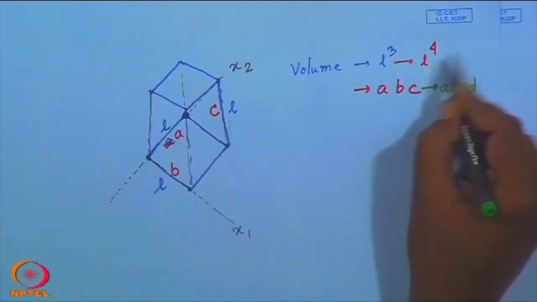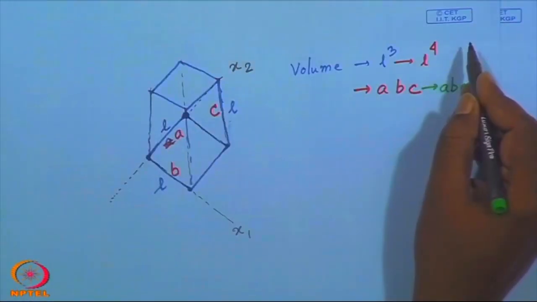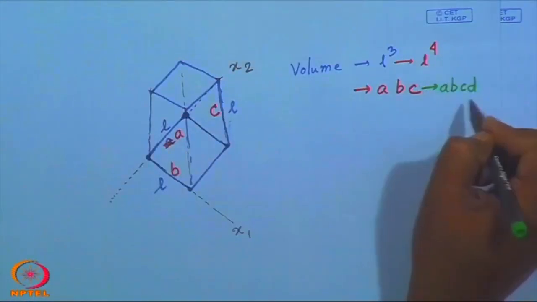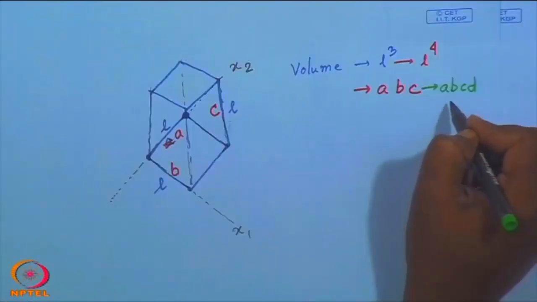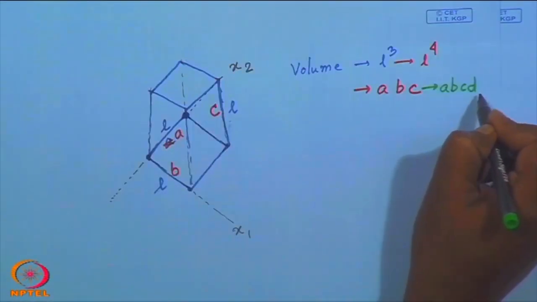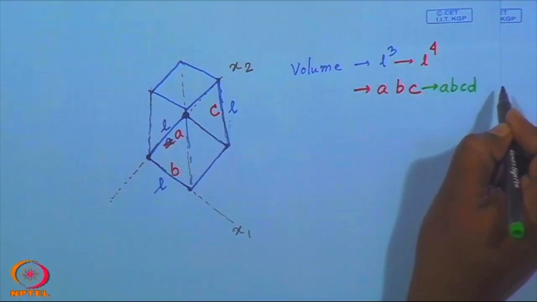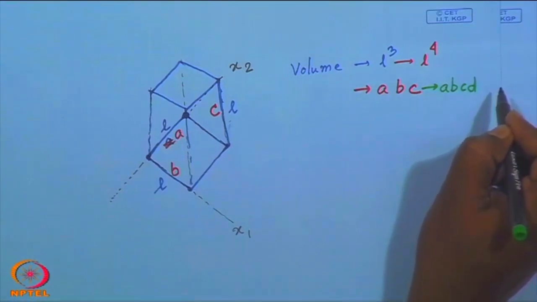If that amount of drag is the same L, the volume of that hypercube in 5 dimensions will be, instead of L to the power 4, L to the power 5. And if the amount of drag is E in the 5th dimension, the volume of the hyperparallelepiped that I get in 5 dimensions will be A, B, C, D times E, where E is the amount of drag in the 5th dimension.